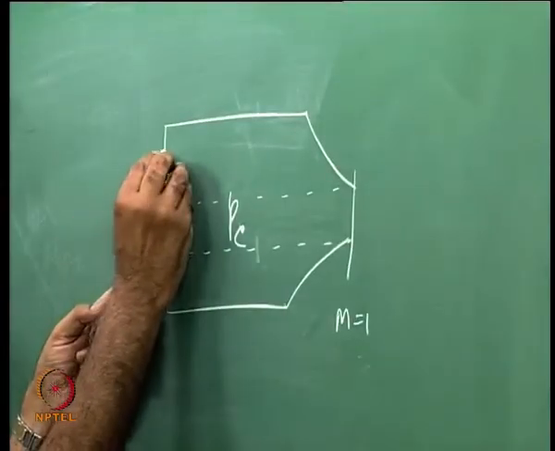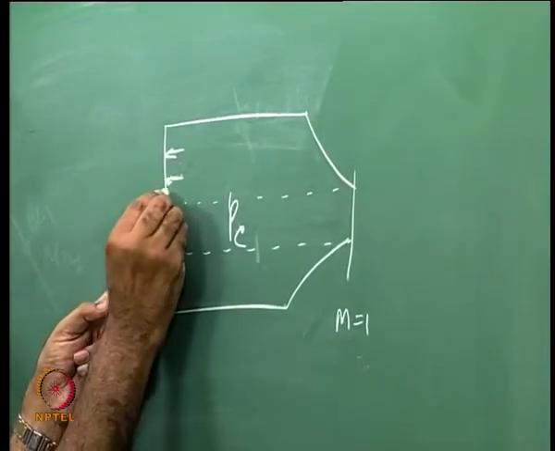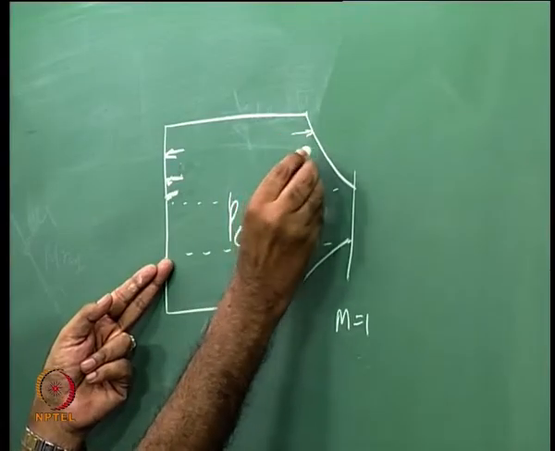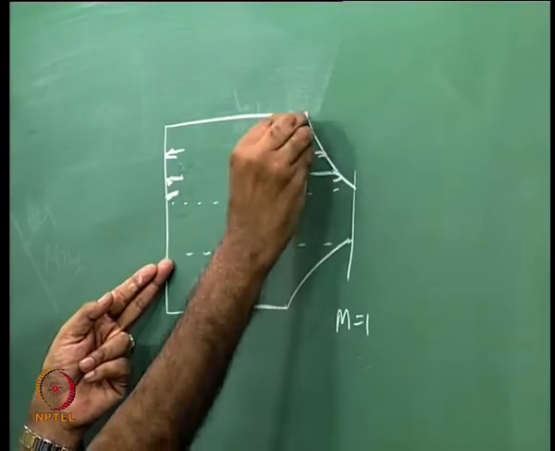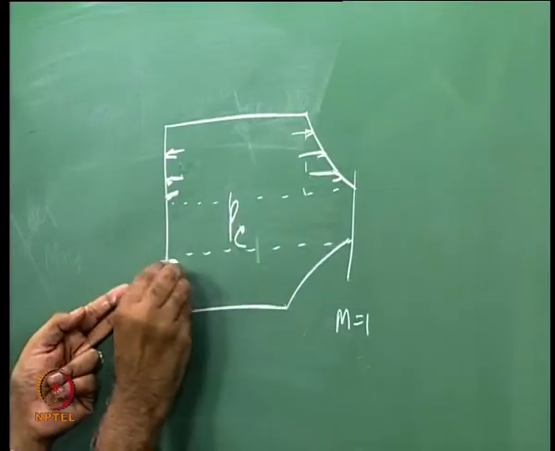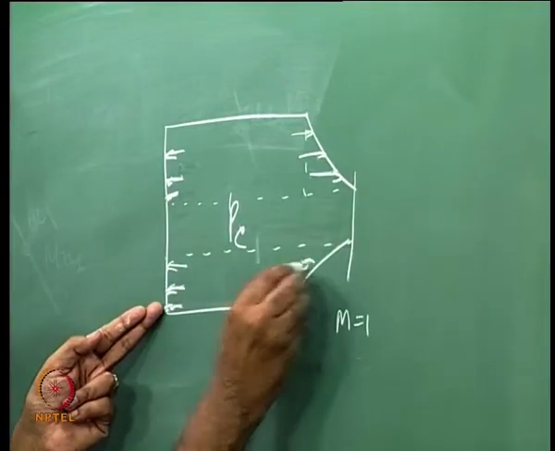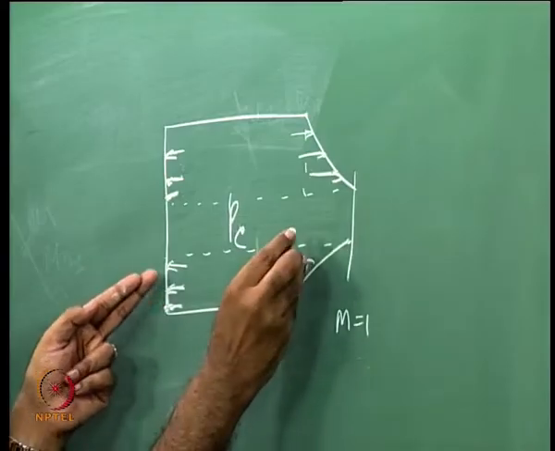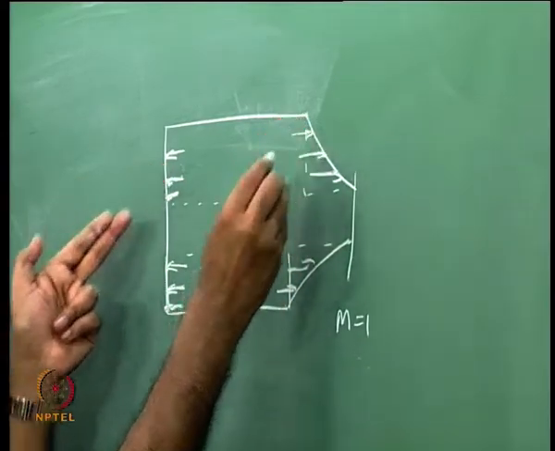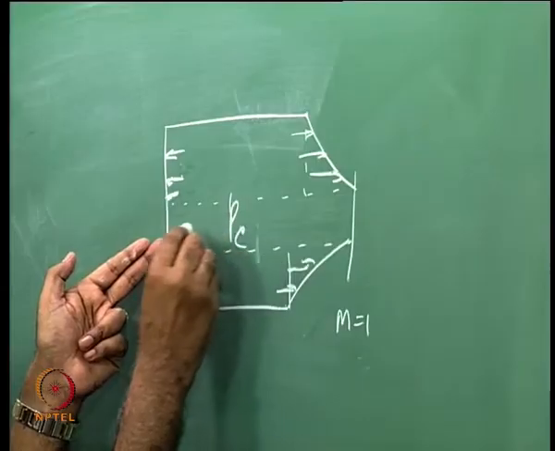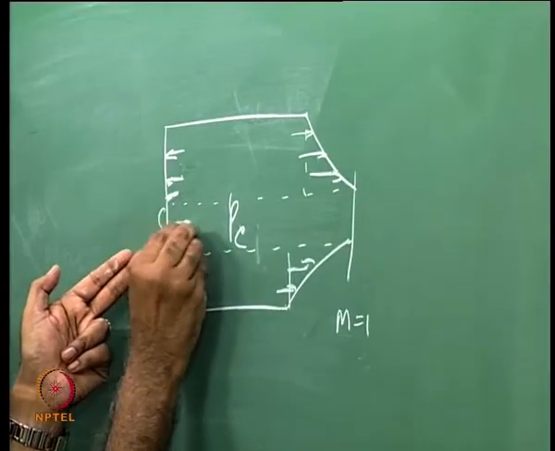I say that PC is acting on all these areas. PC is also acting on this area over here, the normal to this is equal to this, PC is acting on this head end, and PC is acting at the nozzle end, therefore this and this get cancelled, this and this get cancelled. The ultimate thrust I get is from this unbalanced part, which is PC.